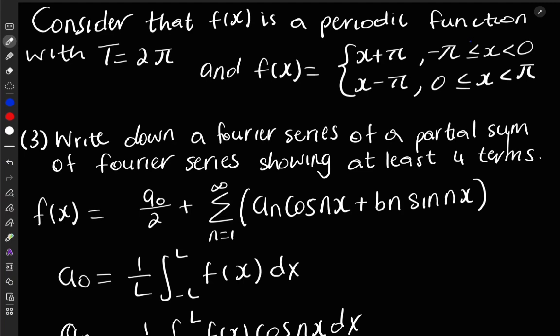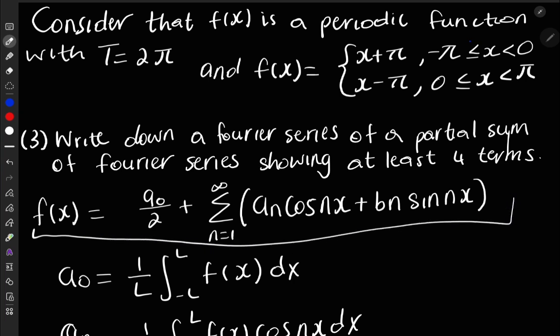Question 3 says, write down a Fourier series, a partial sum of a Fourier series, showing at least 4 terms. So this is how the Fourier series will be.